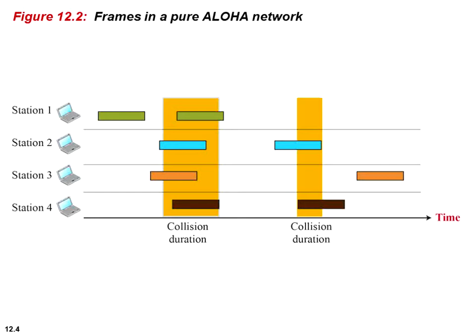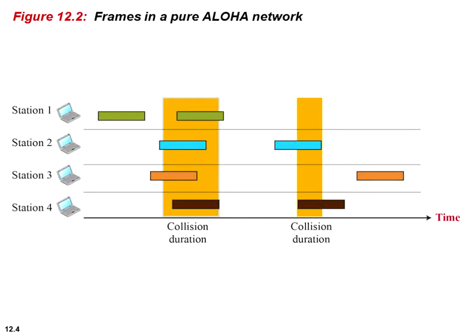ALOHA is the earliest random access method, which was developed at the University of Hawaii in the early 1970s. It was designed for radio wireless LAN, but it can be used on any shared medium. Here you can see a pure ALOHA network. The original ALOHA protocol is called pure ALOHA.